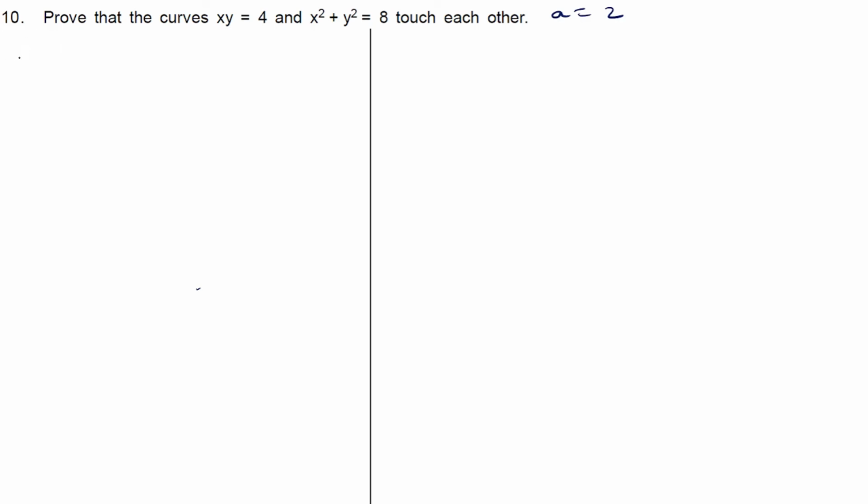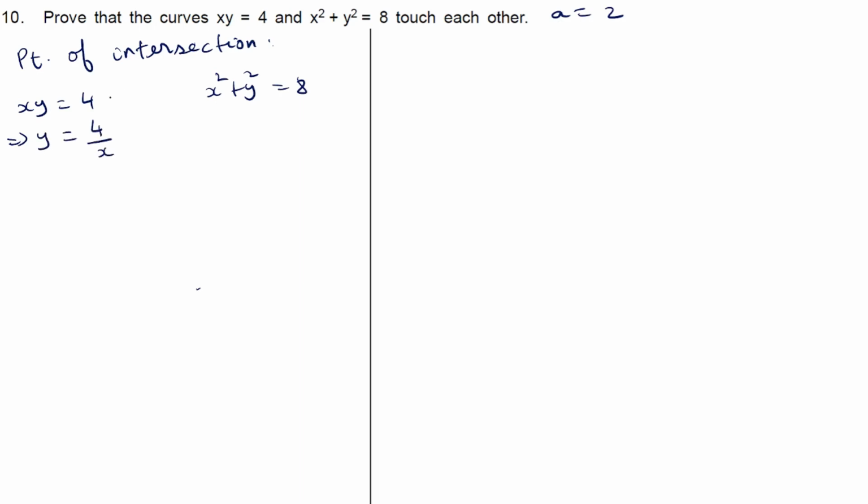So first let us find the point of intersection. xy equal to 4 and x square plus y square equal to 8. From xy equal to 4 we get y is equal to 4 by x. Now substituting this here we get x square plus 16 by x square equal to 8.